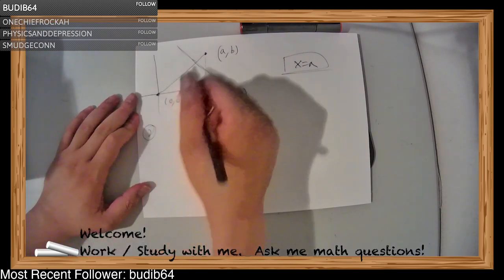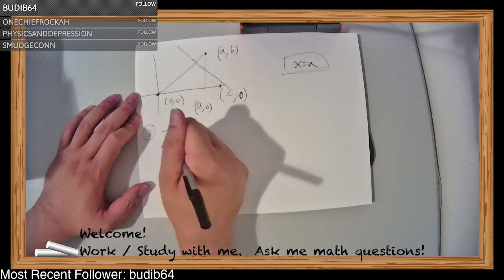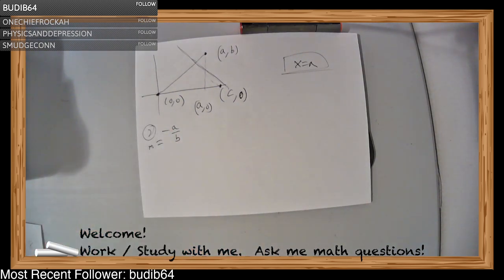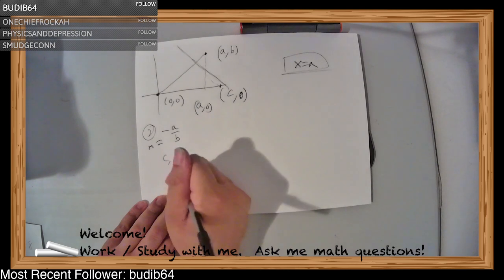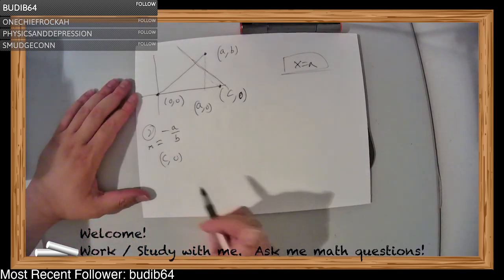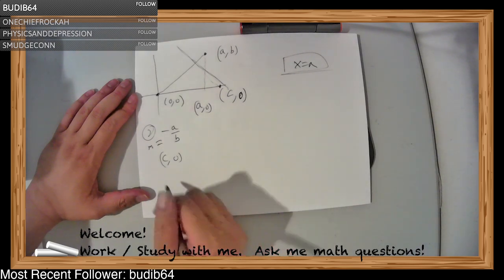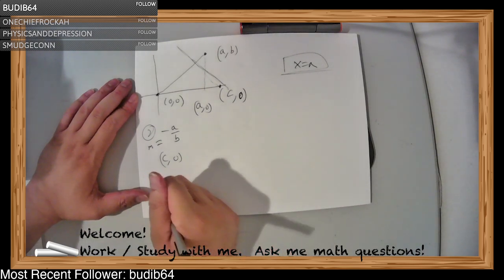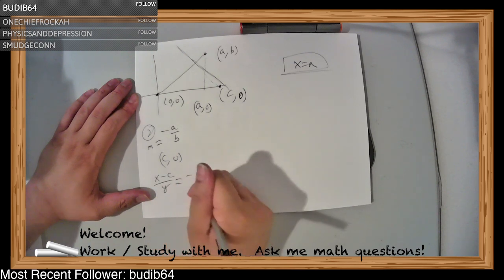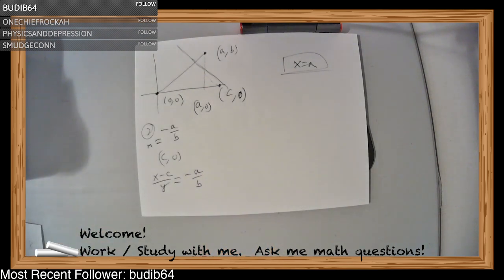So the slope for this line is negative a over b. That's the slope. And we have a point, which is c comma 0. So using point slope, we get x minus c over y equals negative a over b, which just looks horrendous. Okay, well, that's fine.